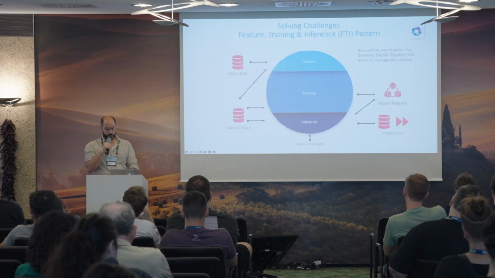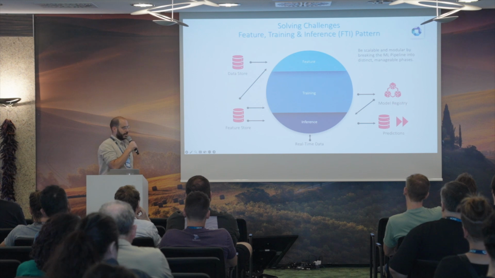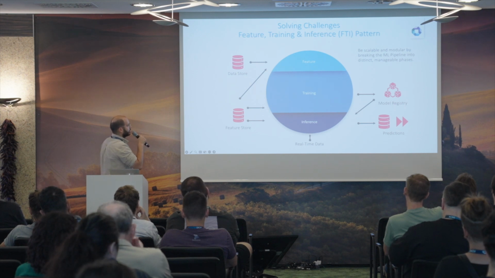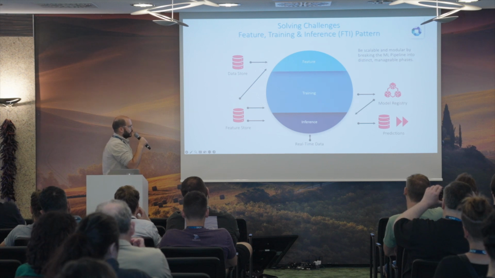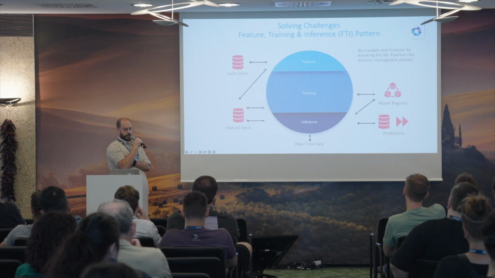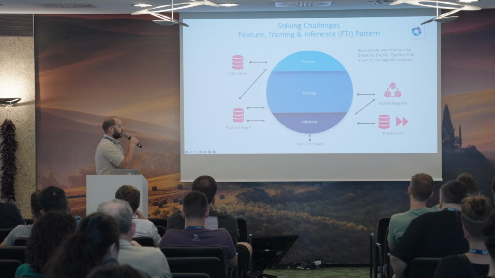What is the first part of how we tackle this? This is, I think, an already known pattern, which we also use for our ML models, edge AI, and model inferencing when we use it on the edge.